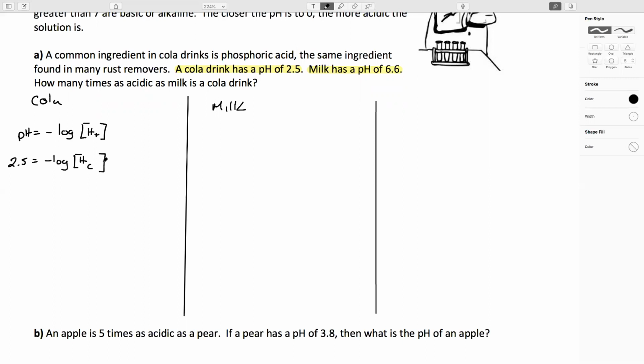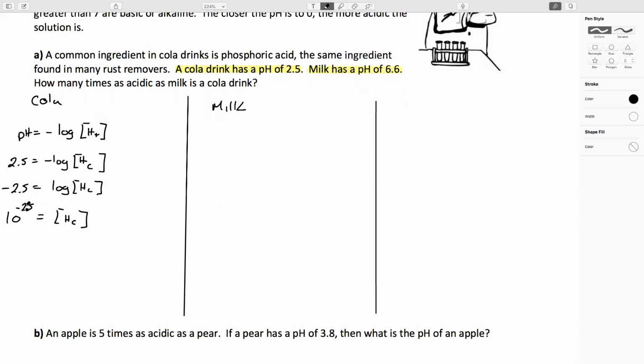Now I can move the minus sign over. Minus 2.5 equals log H cola. And I can write this in exponential form. Exponential form is the base to this power equals the argument. So 10 to the minus 2.5 equals concentration of H cola.